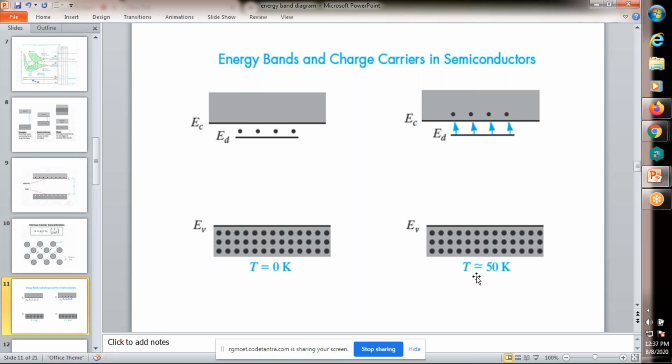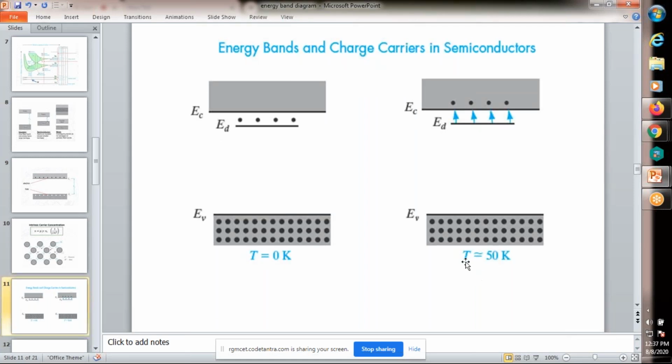Now, as temperature increases, suppose just greater than 0 Kelvin, which is less than room temperature, consider 50 Kelvin. At 50 Kelvin, these donor electrons acquire sufficient energy and jump into the conduction band.